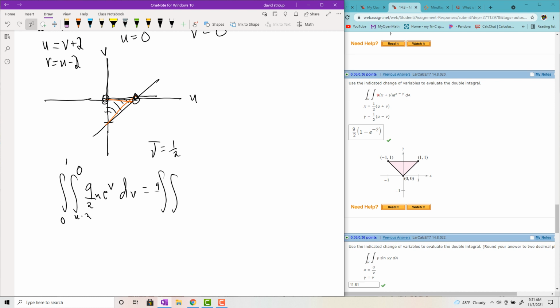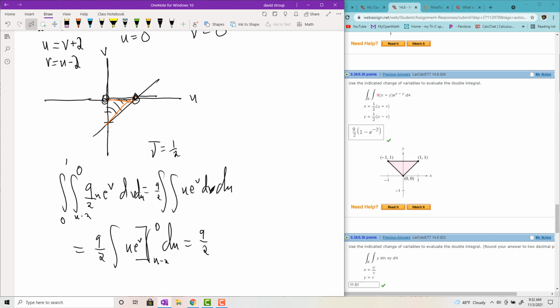I'm going to factor out the 9/2. I have the integral of u e to the v. There should be a du here: dv du. So that will be a 9/2 integral of, with respect to v, it's just u e to the v. And then we have to integrate this from u minus 2 to 0, du.